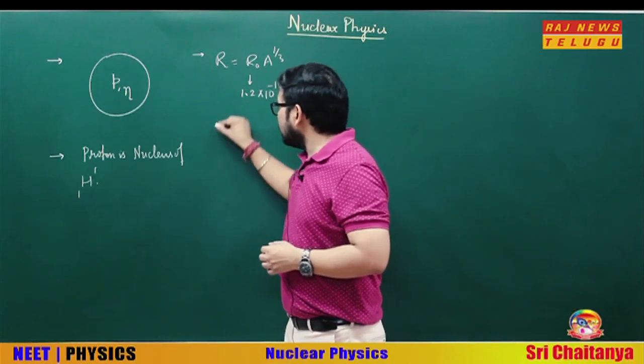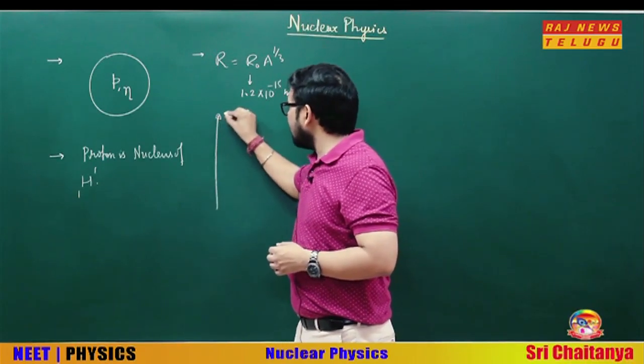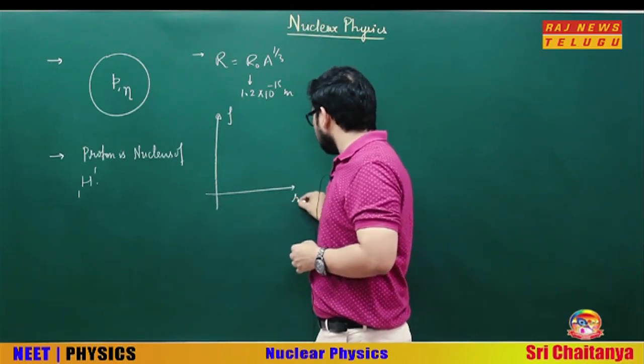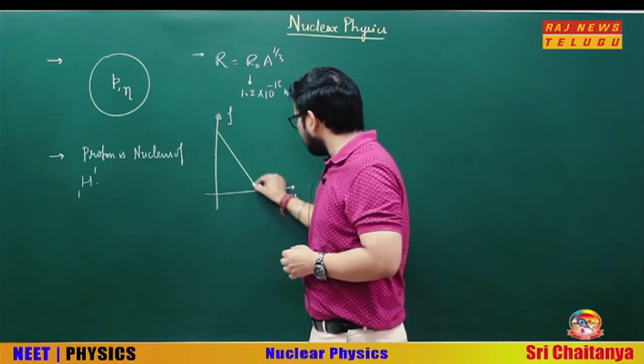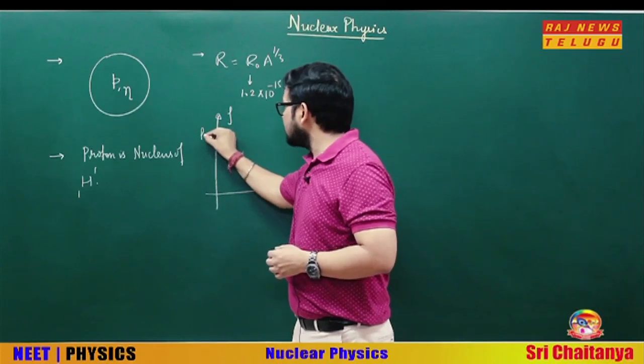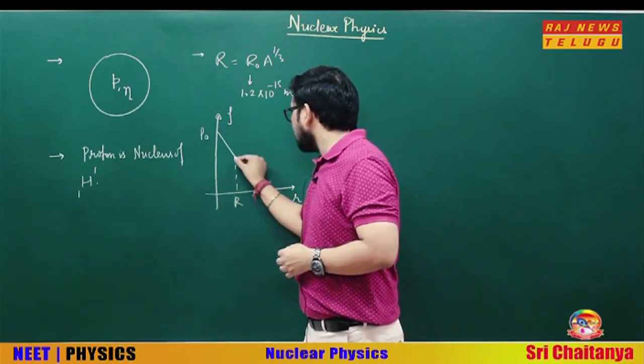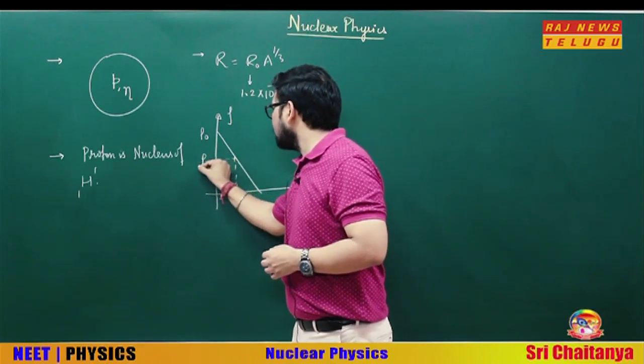We also discussed a graph for this, that the nuclear radius is the distance where the density of the nucleus falls to half. If this is rho naught, at radius R it will be rho naught by 2.